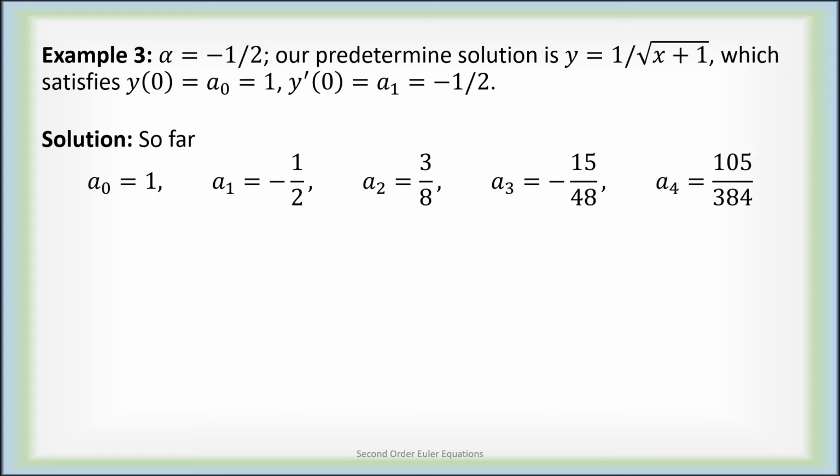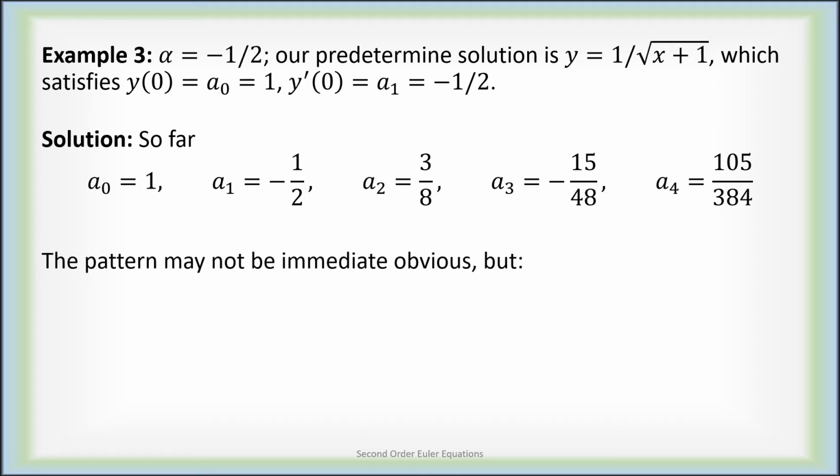So here are the a sub i's that we've computed so far. It's not immediately obvious what the pattern is. However, notice that in the numerator, I went from 1 to 3 times 5 to get 15 times 7 to get 105. In the denominator, I went from a denominator of 1 times 2 times 4 times 6 times 8.